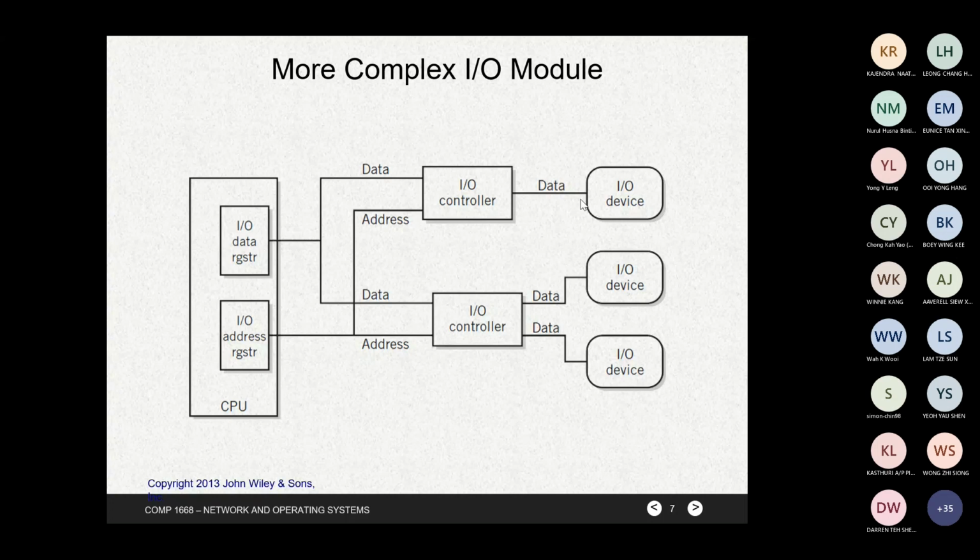There is a slightly more complex I/O module in the current slide that I'm showing you. Let me explain briefly. Again, I would like to highlight that definitely in the exam, they're not going to test this much detail, but it's good to understand how the whole system works.